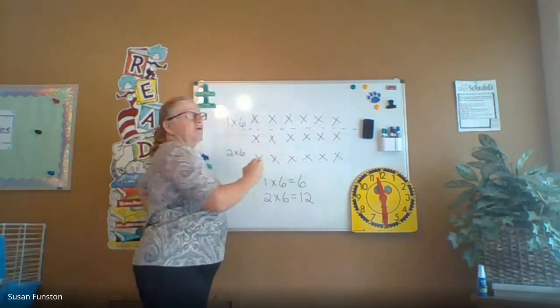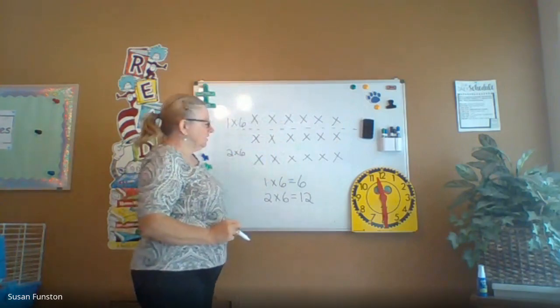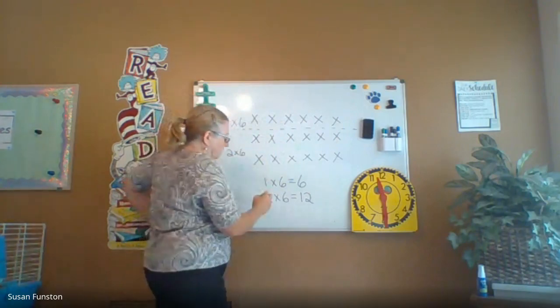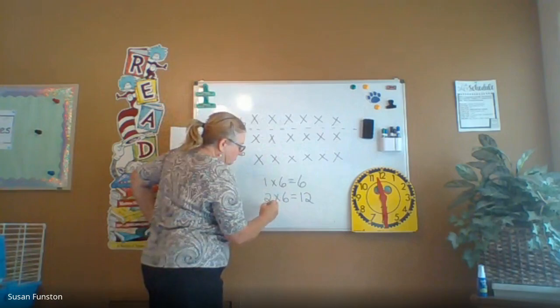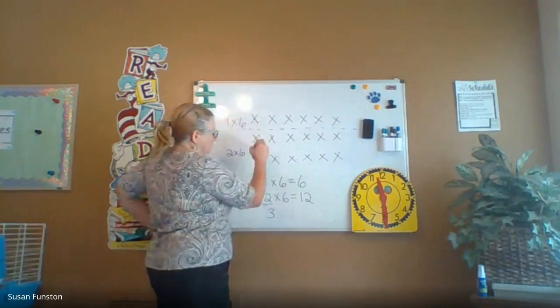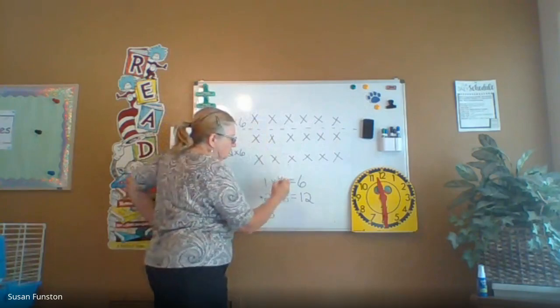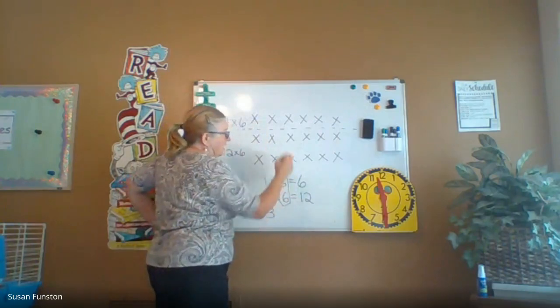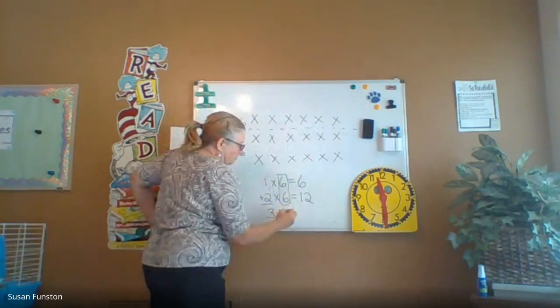Now, what if I want to know the whole array? I can add these numbers. I get a 3 because I have 1 row plus 2 rows. This one's going to stay the same because I have 6 in each row.